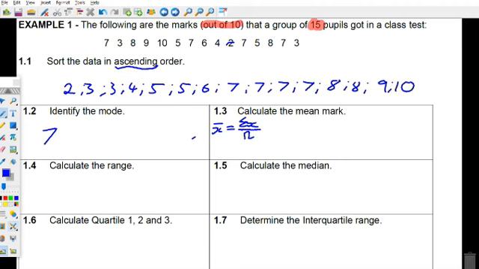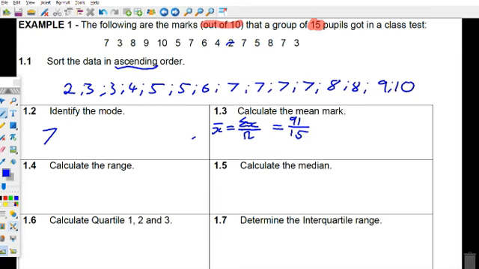So we put it all together: 2 plus 3 and so on.